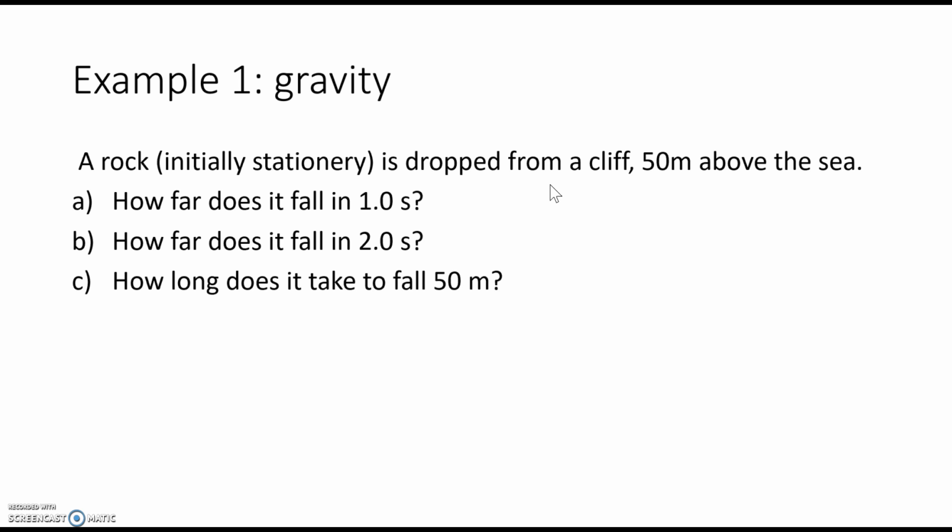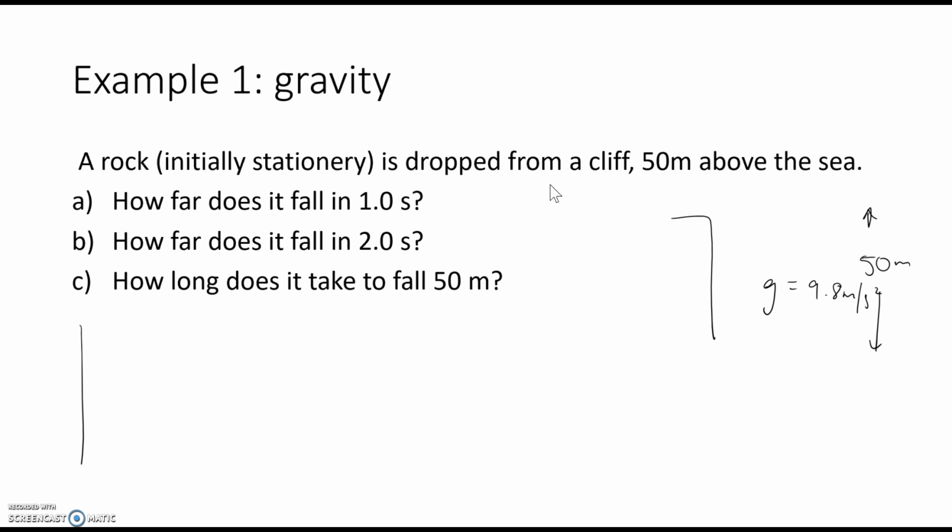Here's an example where we've got a cliff. It's 50 metres high. And we've got gravity as 9.8 metres per second squared. And we need to draw a graph to find what we're looking for.